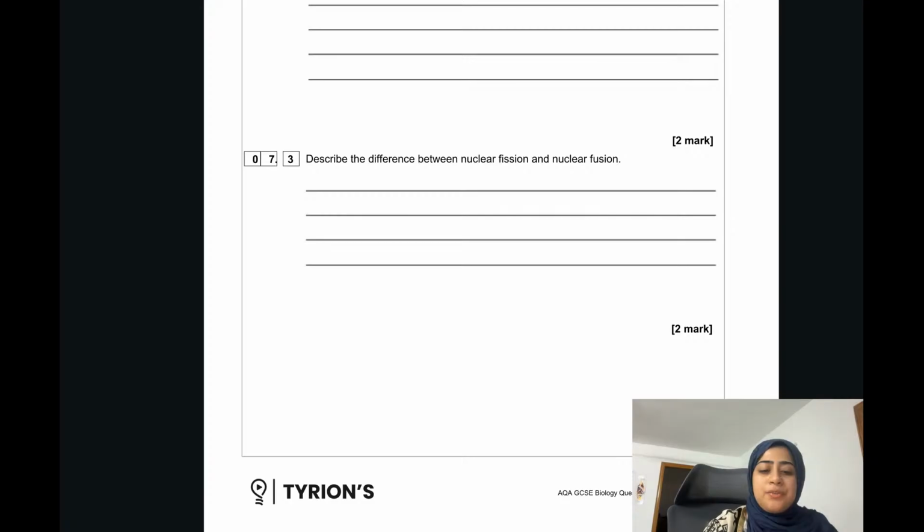Describe the difference between nuclear fission and fusion. Fission is where a large nucleus breaks down into smaller nuclei.